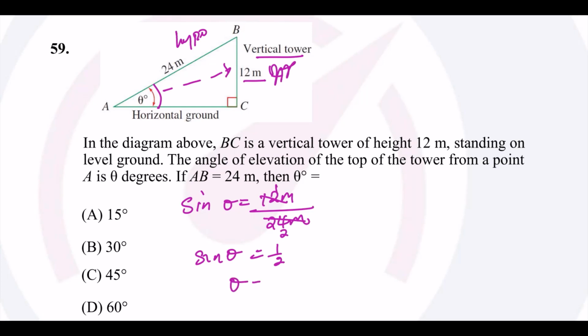So the angle is equal to sine inverse of a half. Now we should know this by heart, that sine inverse of a half is equal to 30 degrees. Because you don't get calculators, they're expecting you to know some of these simple basic ratios, as in sine of 0.5 is equal to 30 degrees. So our answer is going to be B.